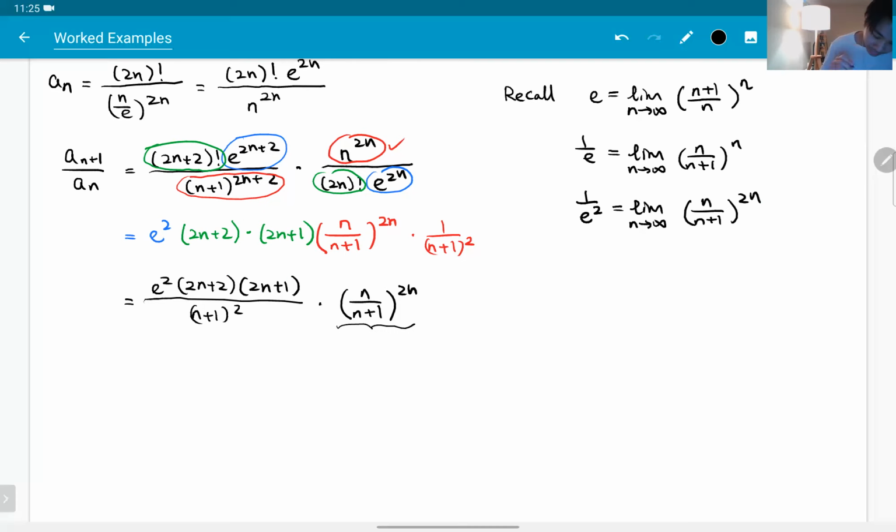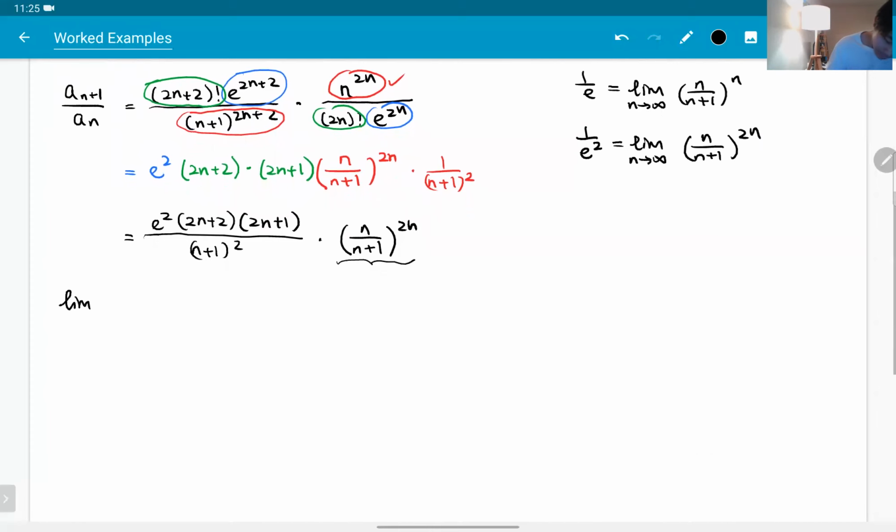Now, it's not hard to take the limit of this term as n goes to infinity. So let's do that. Let's take the limit as n goes to infinity of the absolute value of a n plus 1 over a n. All terms are positive, we can ignore the absolute value.